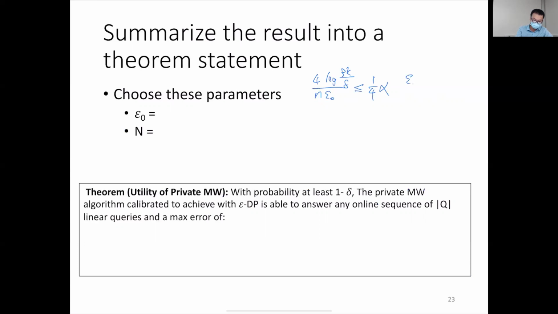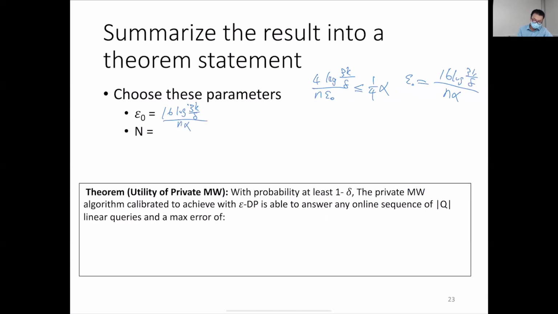So I can choose epsilon 0 to be 16 log 3k over delta over n alpha.